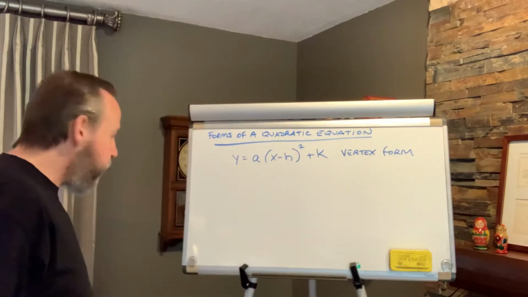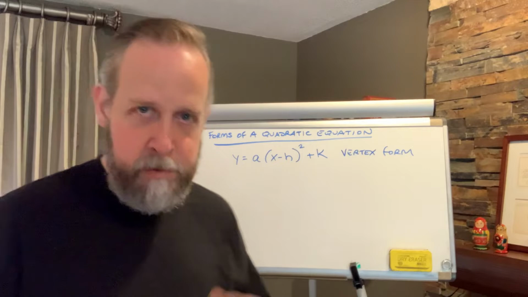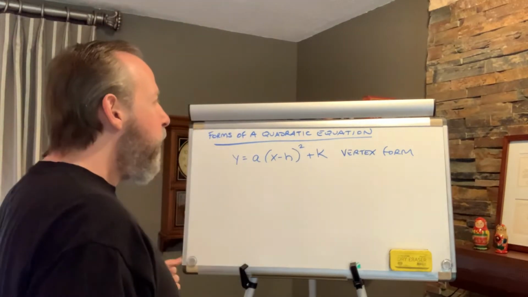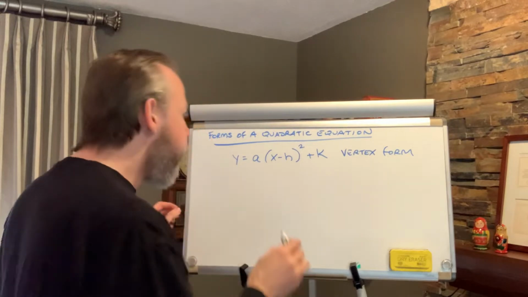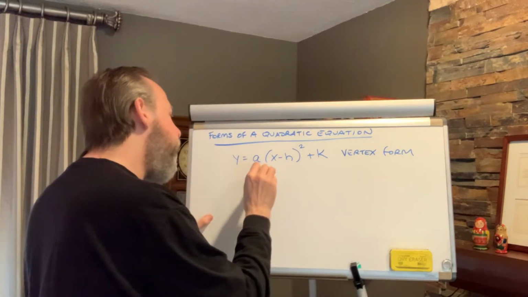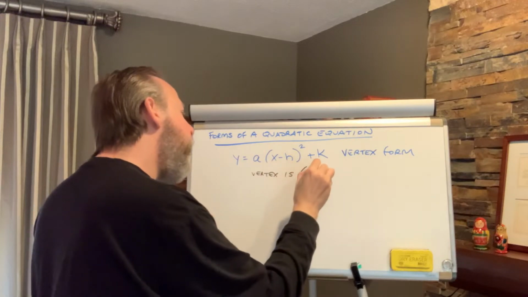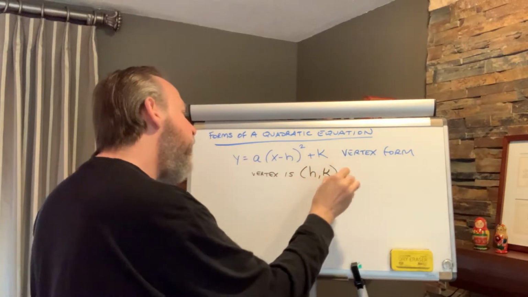All right, so some things about vertex form, and we'll develop them as we go. But the most important thing about vertex form is why it's called vertex form. In vertex form, the vertex is the coordinate (h, k).